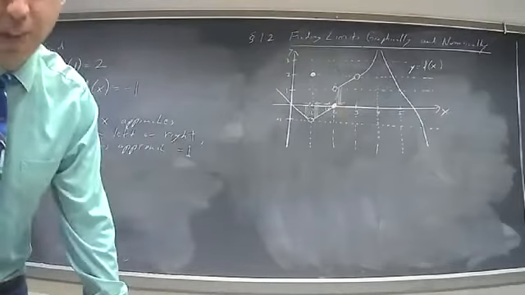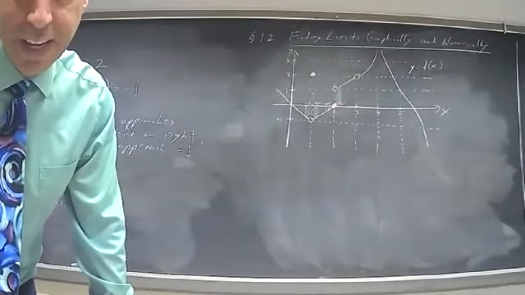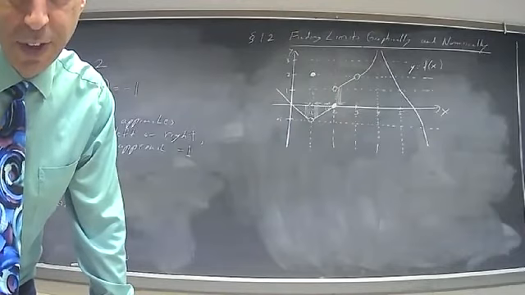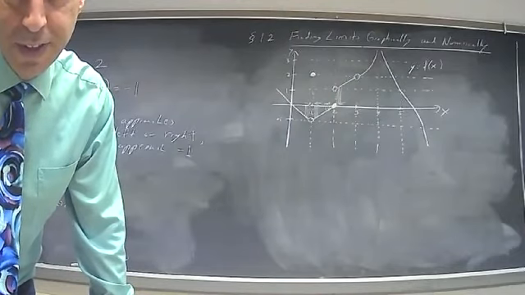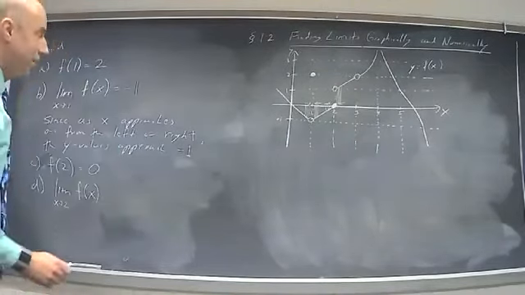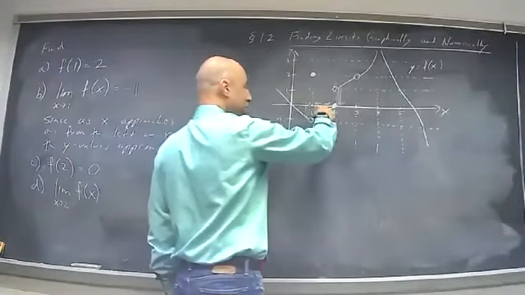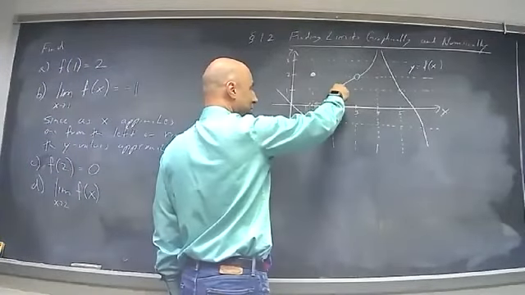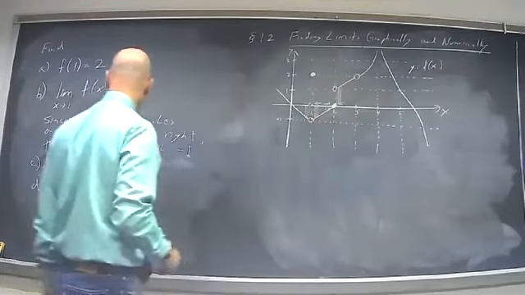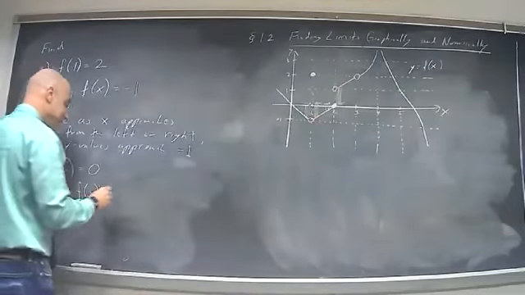What can you tell me about those limits coming in from the left and from the right at x equals 2? They're not the same. As I come in from the left, I'm getting closer and closer to y equals 0. And as I'm coming in from the right, I'm getting closer and closer to y equals 1, height 1. They're not the same. So this limit does not exist.